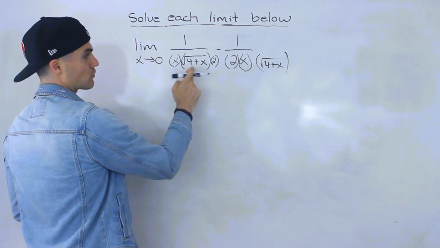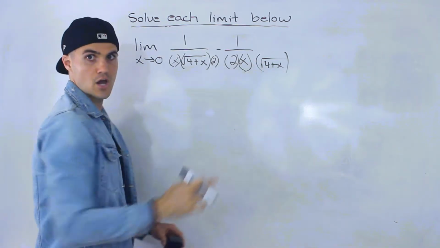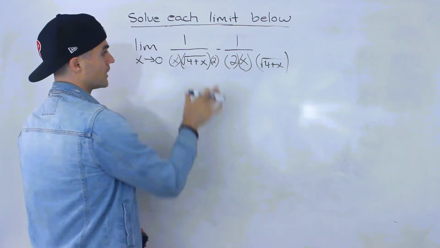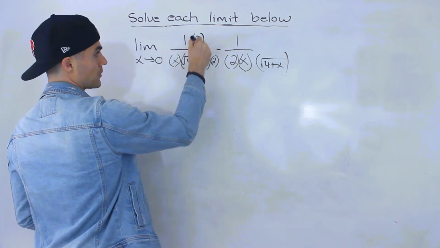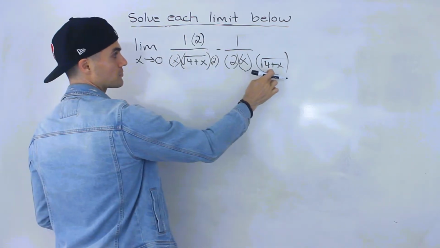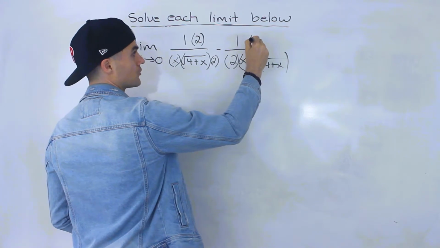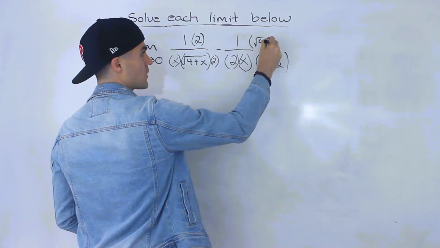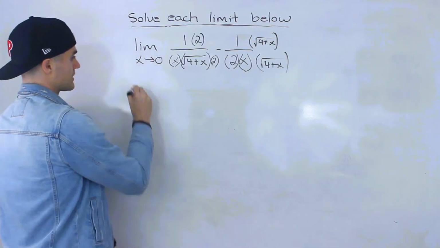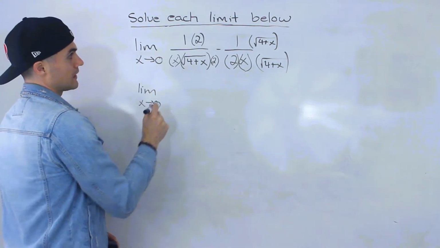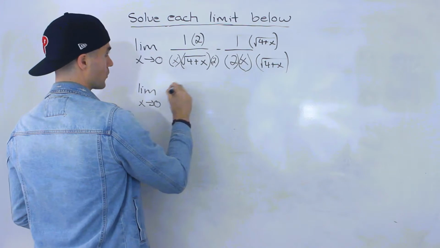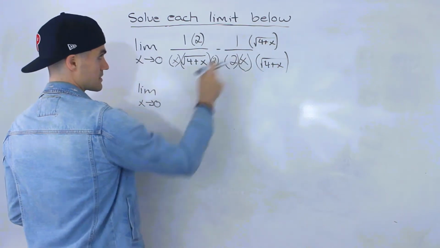And now notice the three factors in both of these denominators are going to be the same. But if we multiply something here, we've got to multiply it up top as well. So we have to multiply that 2 up top. Here we multiply by root 4 plus x, so we've got to multiply the top by root 4 plus x as well. And so now what's going to happen is we'll have 2 minus root 4 plus x. 1 times that is just that bracket itself.